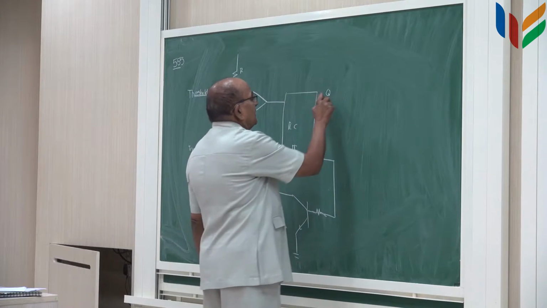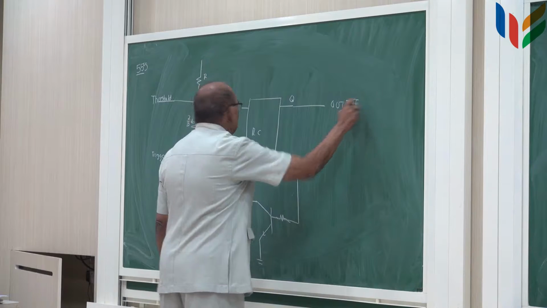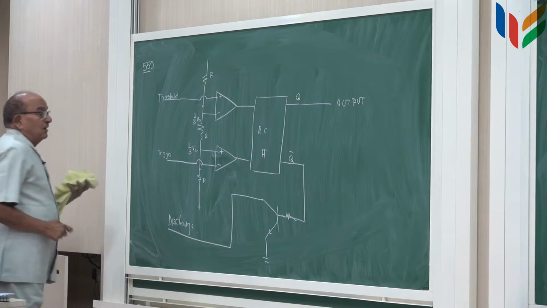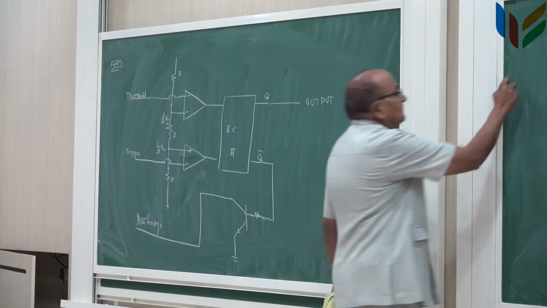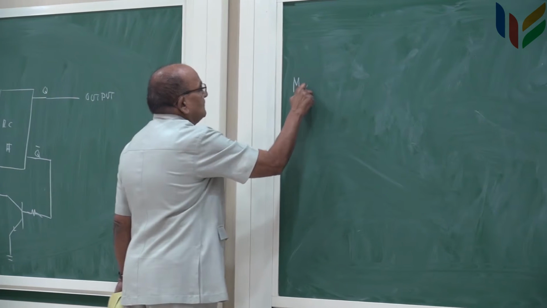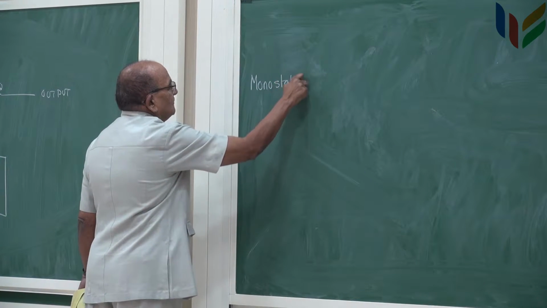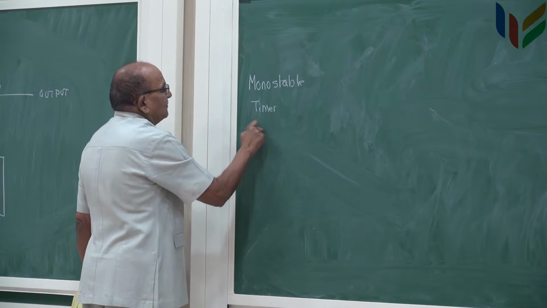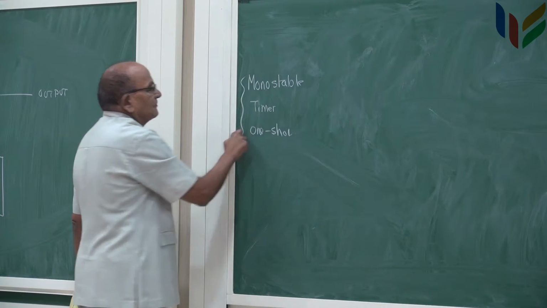One is internally connected, this is called the output terminal. So let us see how this operates as a monostable. Timer, one shot, equivalent names.